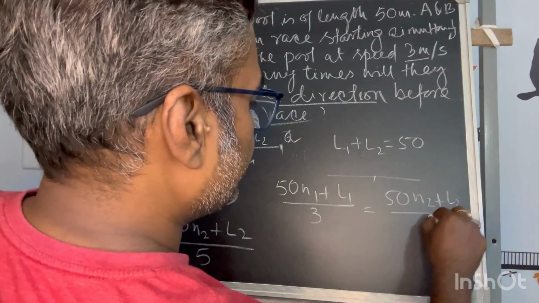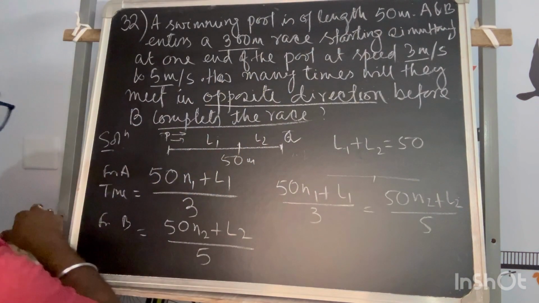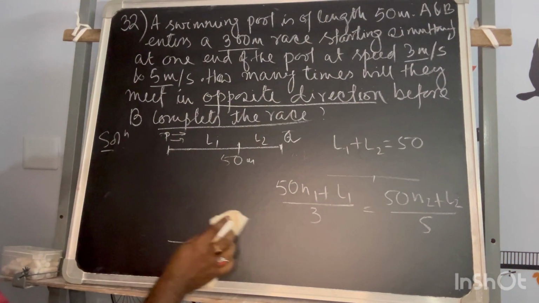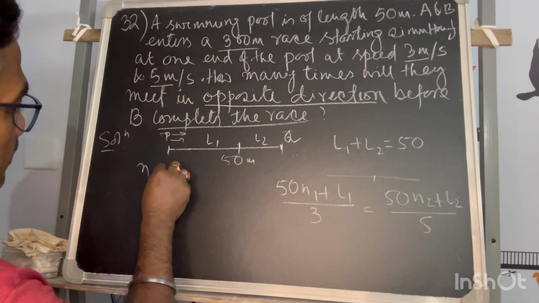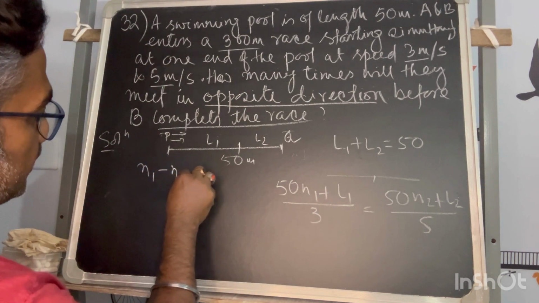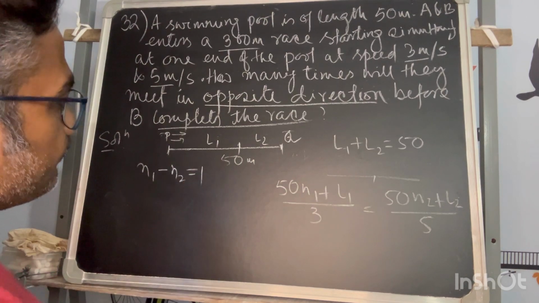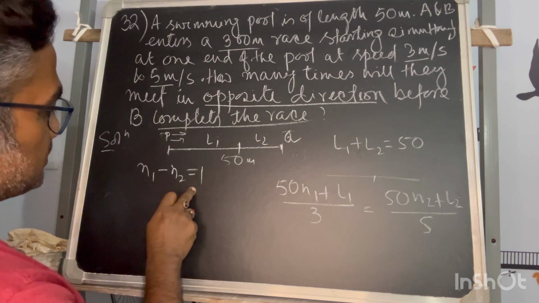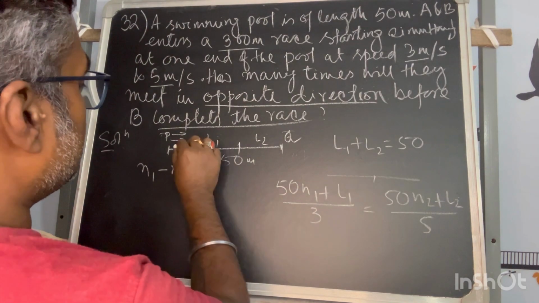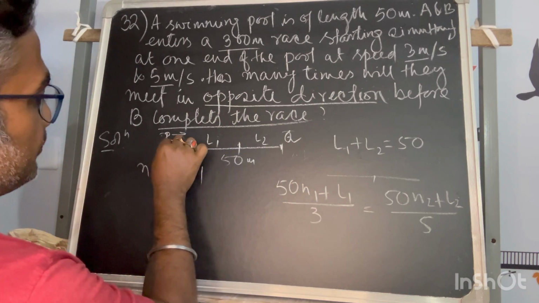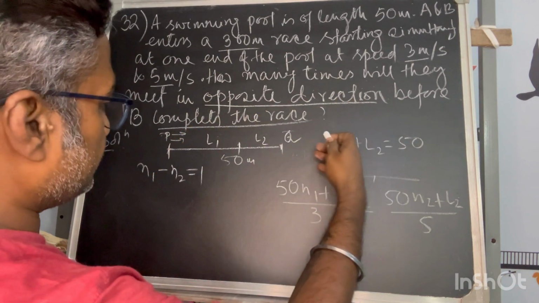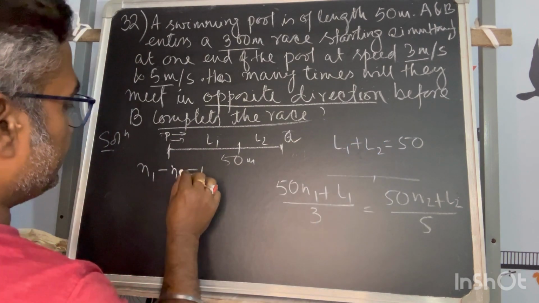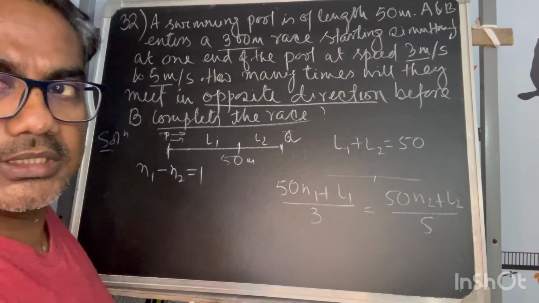Now two-three admissions from my side: N1 minus N2 at least has to be 1, because that must be an odd lap difference. Once they have started from the same point, unless one has led by a lap, they will not meet in the opposite direction.